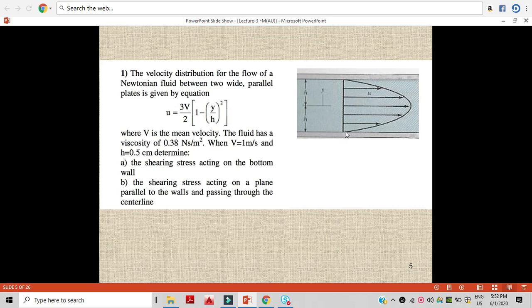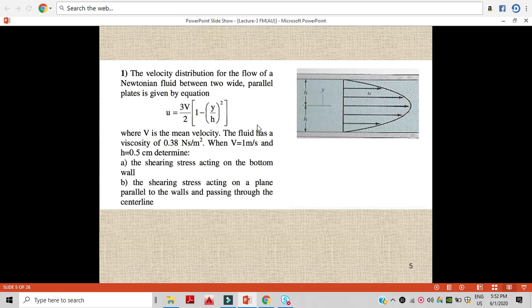The velocity is reducing, further reducing, and here the velocity is 0. So we have to find out the shear stress at this point, and we have to find out the shear stress at the center. So let's move on. Here we know the Newton law of viscosity for the Newtonian fluid, because they are saying it is a Newtonian fluid. For the Newtonian fluid we know the law tau is equal to mu du by dy.